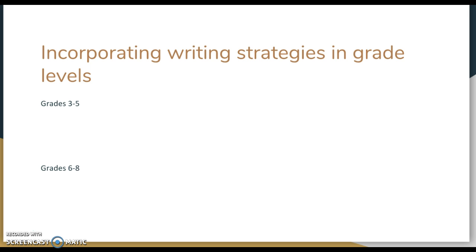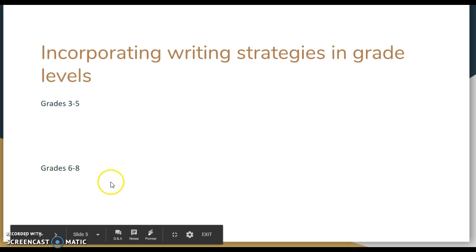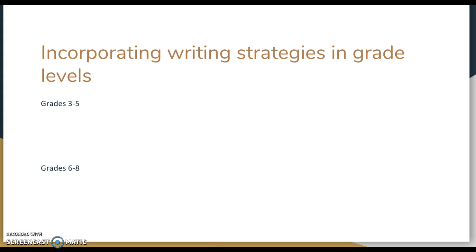Okay, whereas in grades 6 through 8, Gail Tompkins talks about students applying more strategies, 12 strategies, self-regulating on their own discretion, reflecting on these writing strategies, using these writing strategies in the classroom, and being aware that they're using the writing strategies.